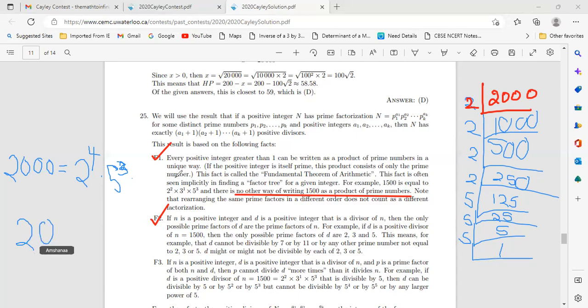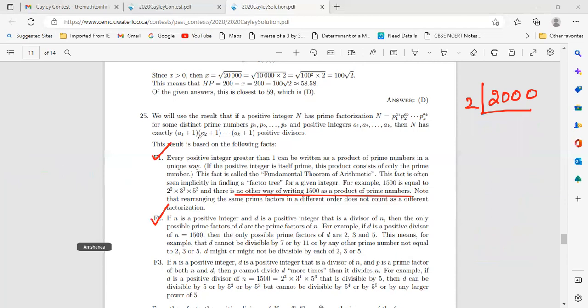Let's say 2000 is n, and then d is 50. So 50 can't be a multiple of 7. It can't be a multiple of anything 2000 is not a multiple of.